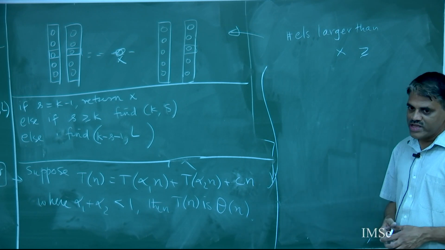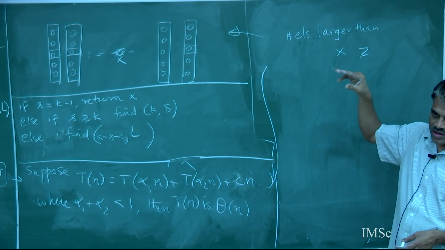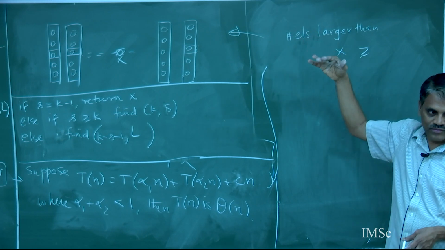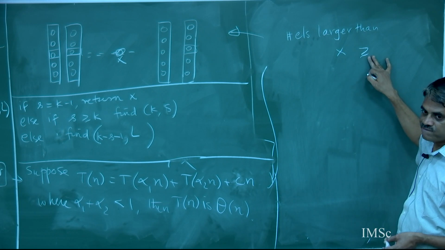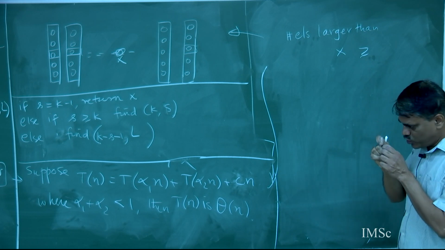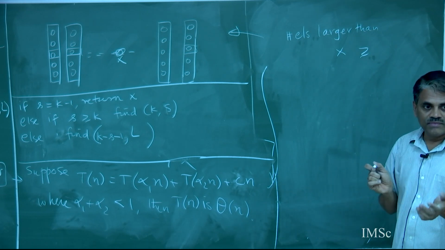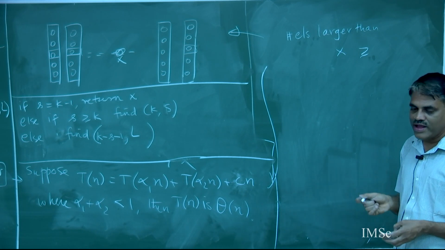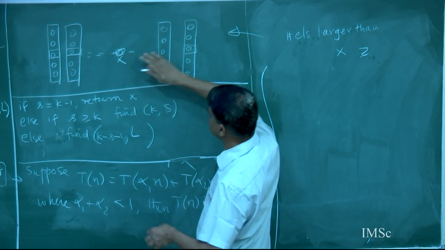But also each of these is a median of 5 elements, so each one has 2 more elements bigger than that. So those elements and 2 more. So how many? 3 times n by 10, right? Because half the elements are bigger than that.